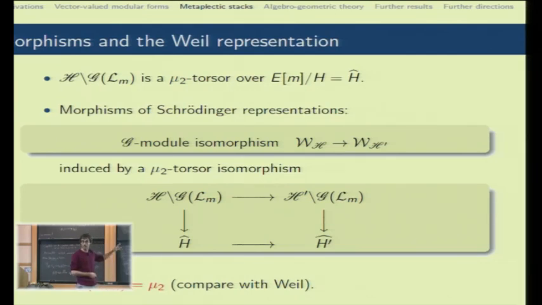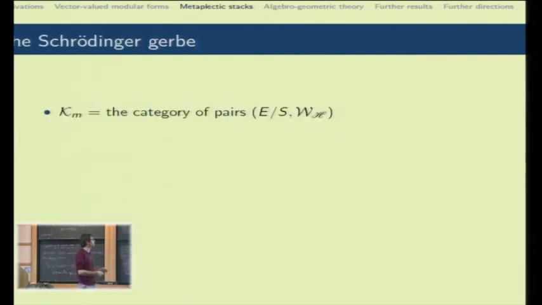Okay, so the key point of this construction is that the automorphism of a Schrodinger representation, so defined, should be defined up to plus or minus 1. Okay, so now we can put everything together. I'm going to define the category of pairs, kappa m. It's going to be a category of an elliptic curve plus a Schrodinger representation. Now that category is a mu2 gerbe.